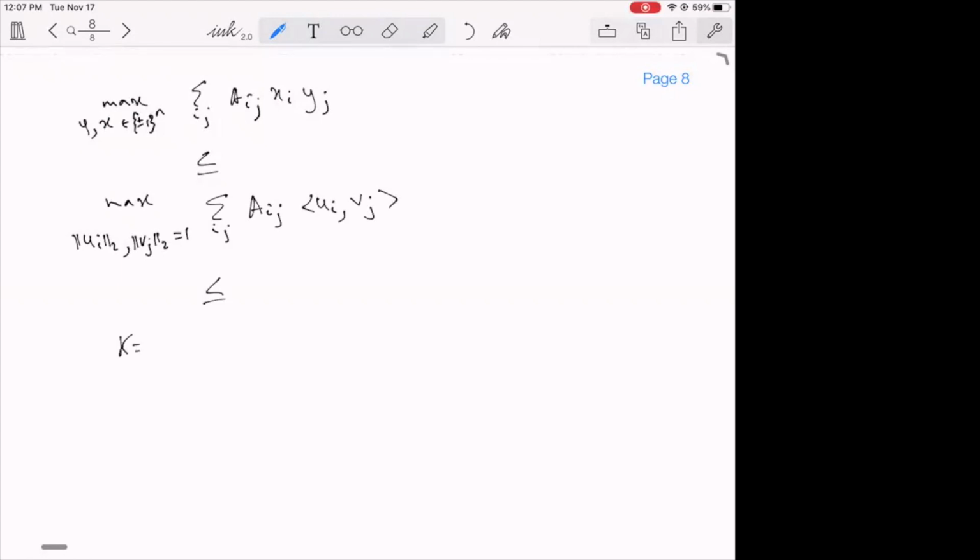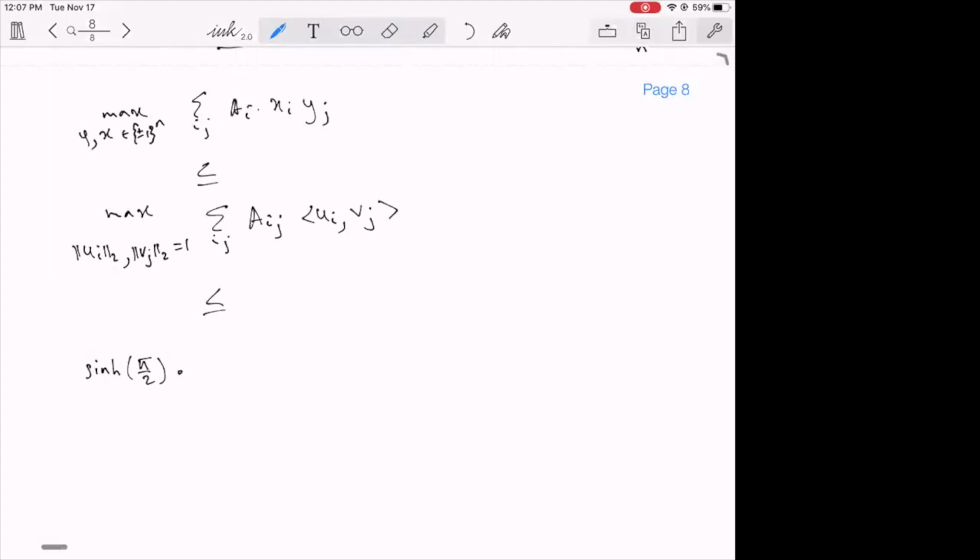In this case, we will prove hyperbolic sine of pi over 2 times the bilinear maximum, infinity comma infinity, of A. Which is, as shown earlier, the same summation over ij, a_ij x_i y_j quantity.